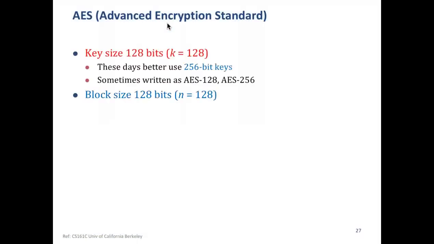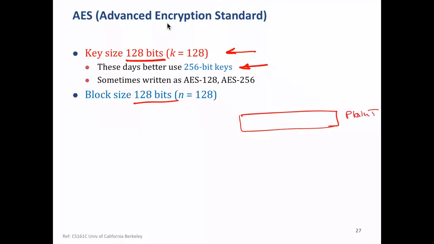So now the main point here is that key size is 128 bits. Initially a 128-bit key size was proposed. Now it has a version also for 256-bit keys, right? So initially 128, now both 128 and 256 are available. However, the block size is 128 bits. Block size is the size of the plain text you take, which is 128 bits.